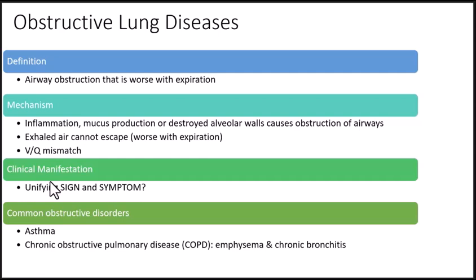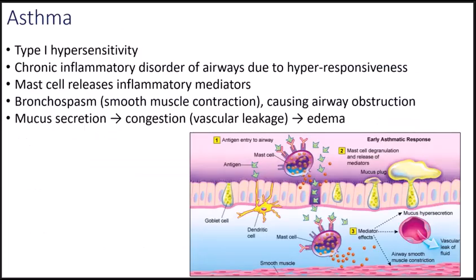Although there are different obstructive lung diseases that exist, the two common ones and the ones that we'll talk about today are asthma and COPD, or chronic obstructive pulmonary disease, which encompasses two conditions, emphysema and chronic bronchitis. So starting with asthma.